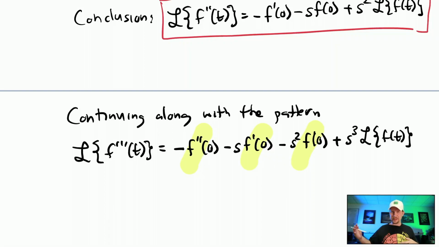So notice that in each one of these terms, in terms of the highest derivative, all three of these terms contain the initial conditions for f, and they all come in with a minus sign. They keep on increasing in order of multiplication of s. The last term is always multiplied by s to whatever order it happens to be times the Laplace transform of that original function.